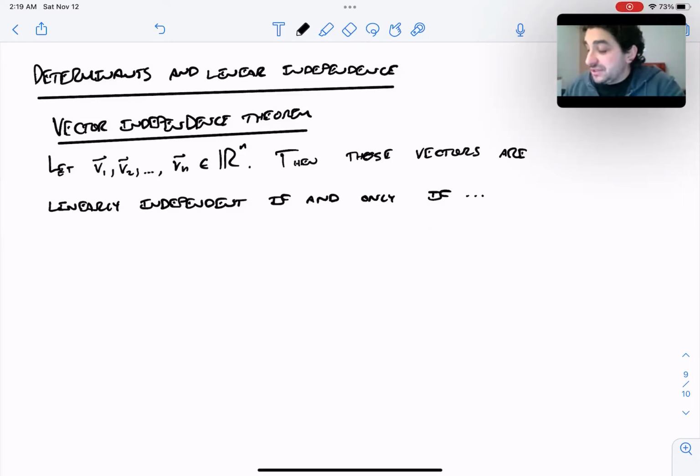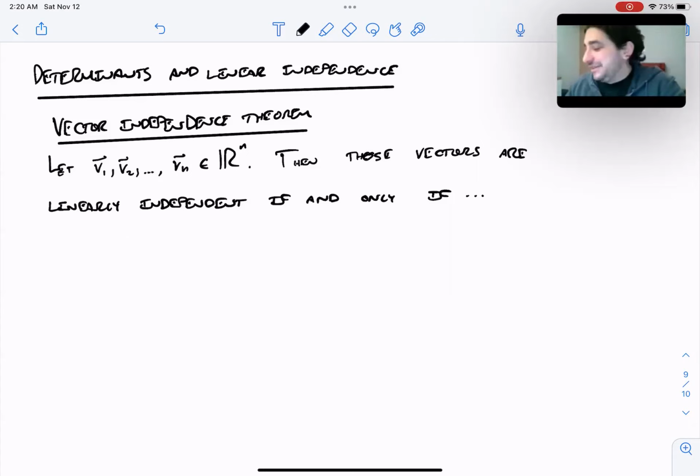Fortunately, there's a nice, very convenient theorem called the Vector Independence Theorem, which says that if you have n vectors in Rn, so lists of n real numbers, and there are n of them, then we actually have a nice condition for establishing linear independence of those n vectors.